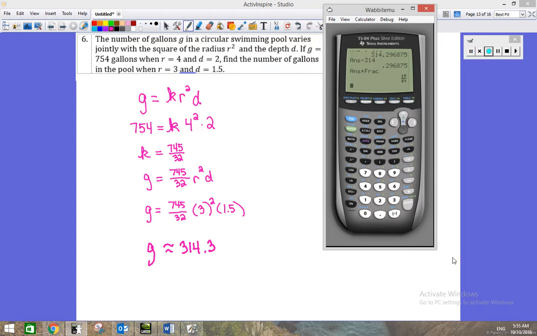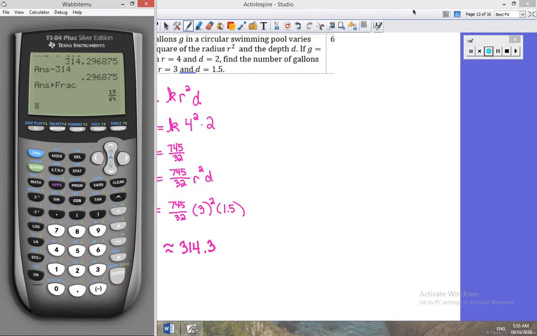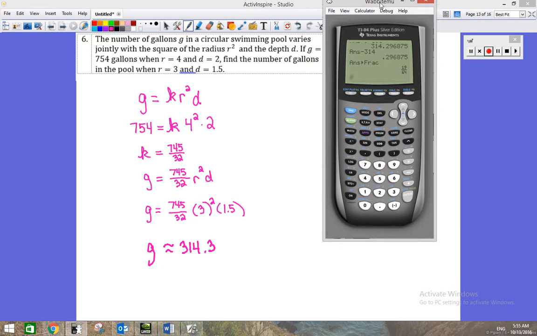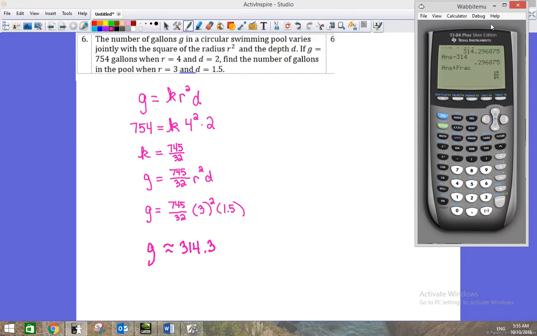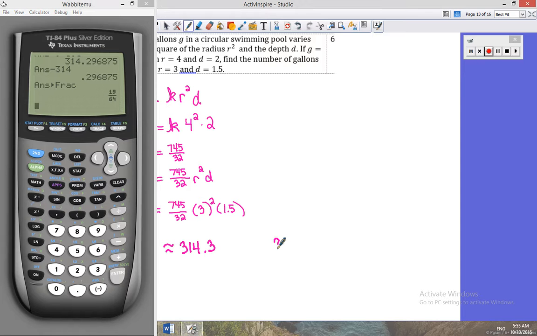So if we did want an exact value, 314 and 19 over 64 gallons. But the decimal, to round it off, is fine.